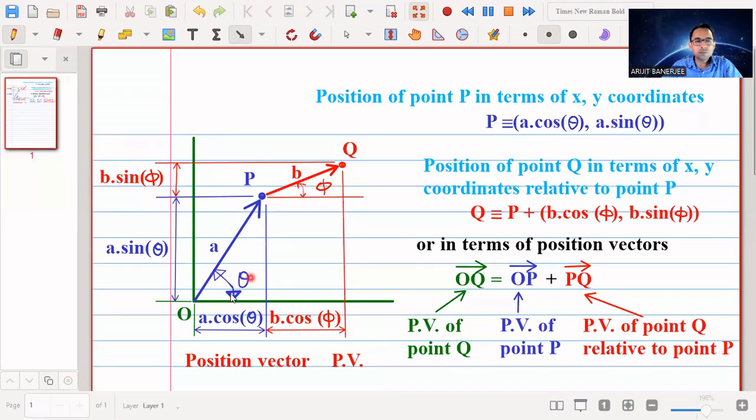As you can see, I have written the corresponding components along the x direction and y direction. So here Q is written in terms of P. So P plus B cos phi, B sin phi.